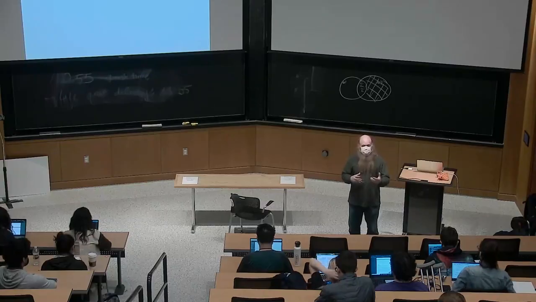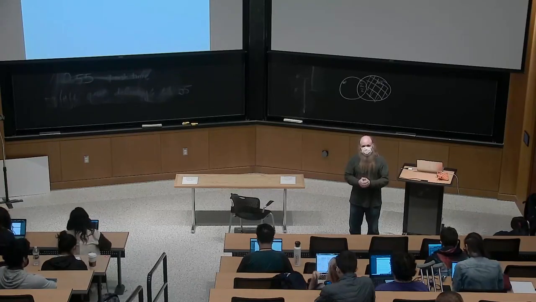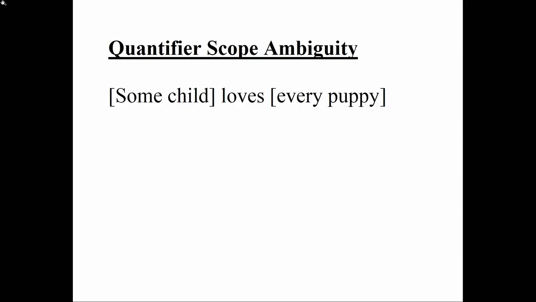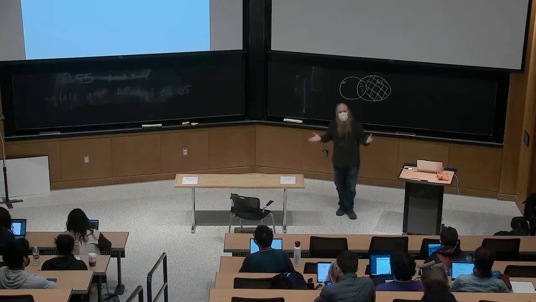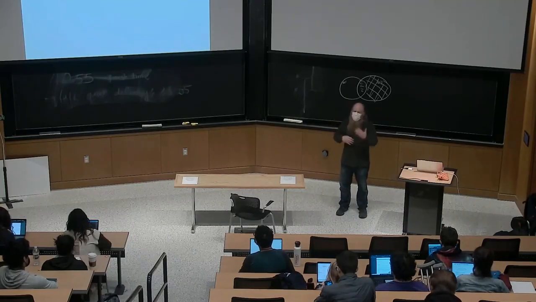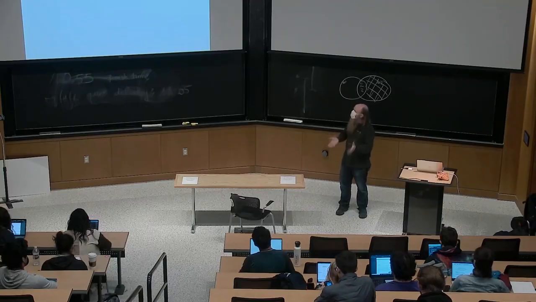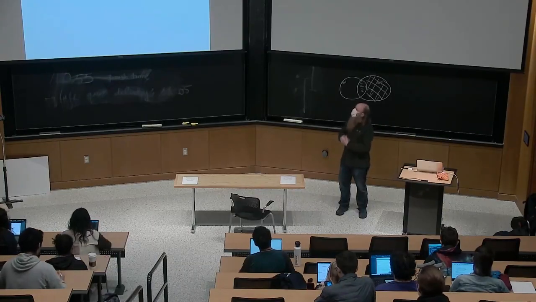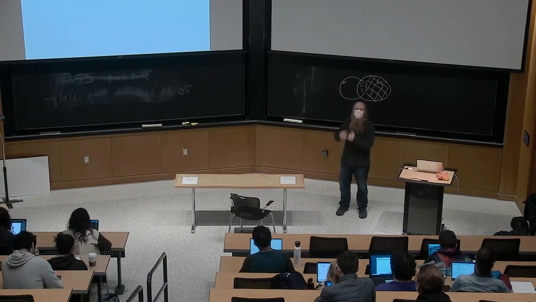So it forms these sets and asserts a relation between them. But in a sentence like this, where there are two quantifiers, you're going to need to perform that kind of operation twice. And the ambiguity just has to do with the order in which you perform the operations. So do you do the operations for "some child" first, and then the operations for "every puppy"? Or do you do the operations for "every puppy" first, and then the operations for "some child"?